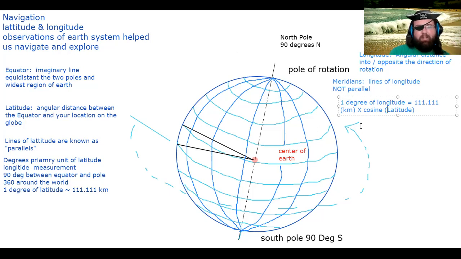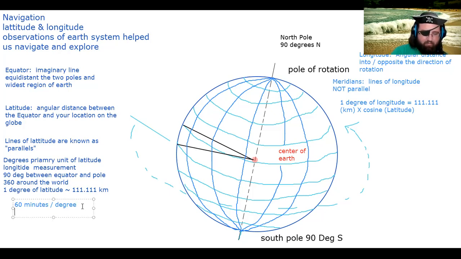So now we want to break up our units of angular measurement into smaller units because clearly 111 kilometers is a fairly large number. So within every degree, we break up our degrees into minutes. We have 60 minutes per degree. That's going to give you something that's about a mile or about a kilometer in length. And we'd still like to get something a little more precise for figuring out where we are.